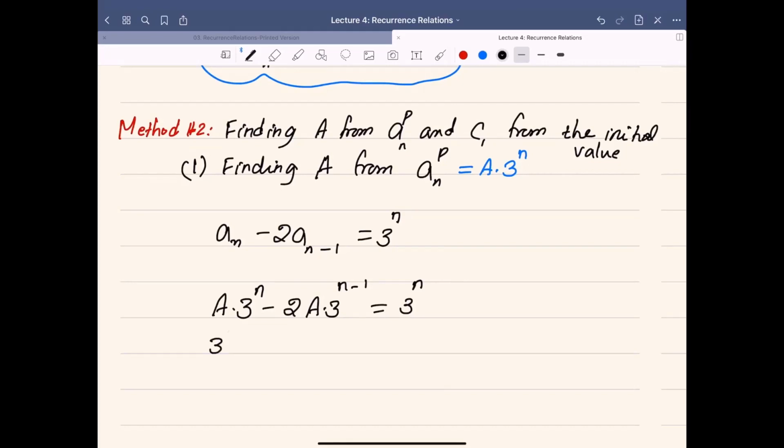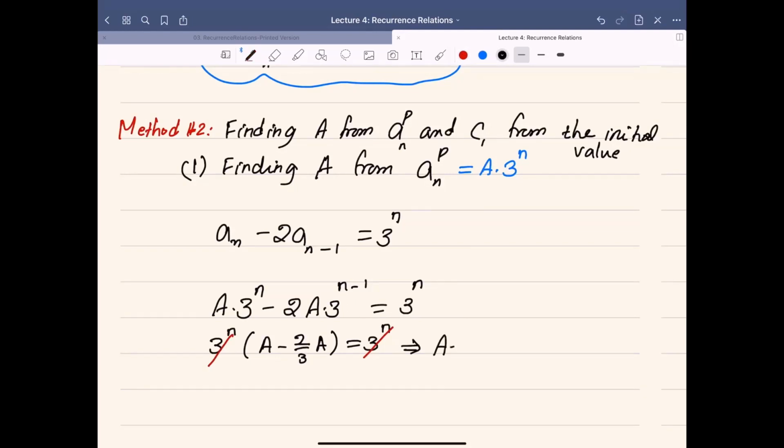Take 3 to the power n common, so you will have A minus 2 over 3 A equal to 3 raised to power n. Why do we have minus 2 over 3 A? If you take 3 to the power n common, what remains in this term is 3 raised to power minus 1, which is equal to 1 over 3, and 1 over 3 times 2 will be 2 over 3. Solve this equation: you can divide both sides by 3 to the n because it is positive.